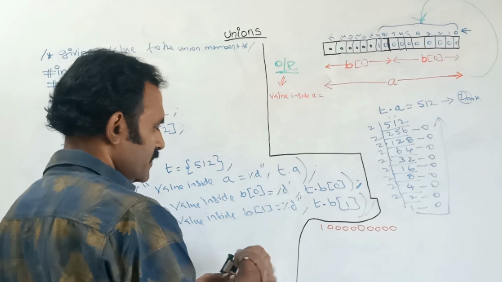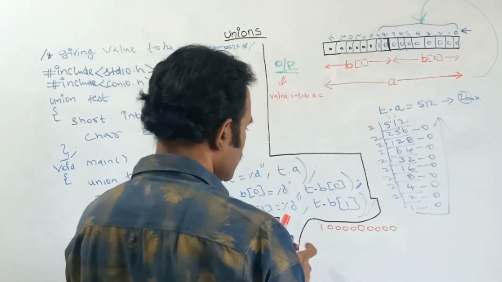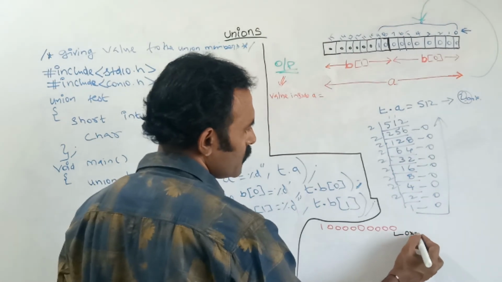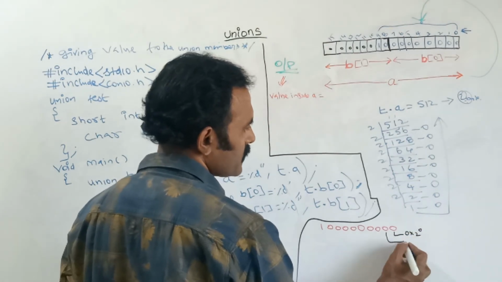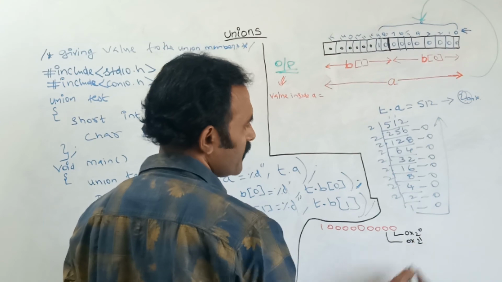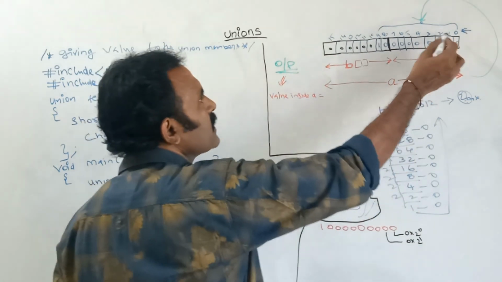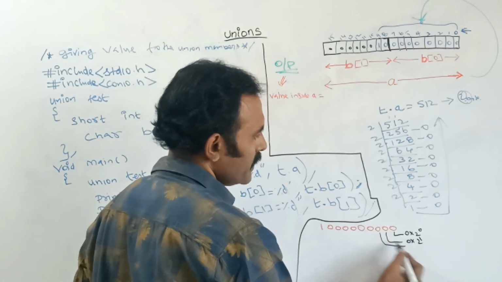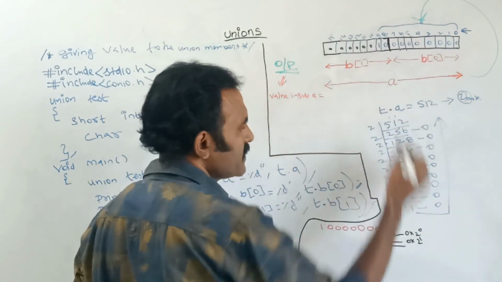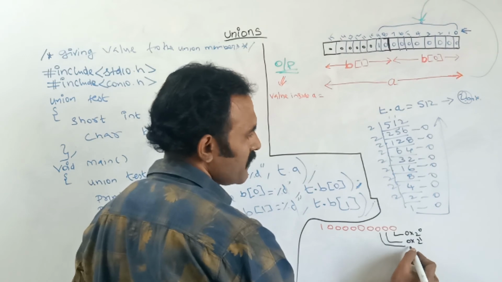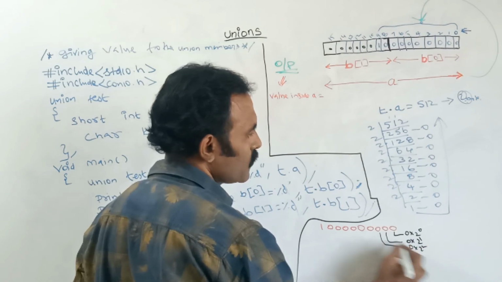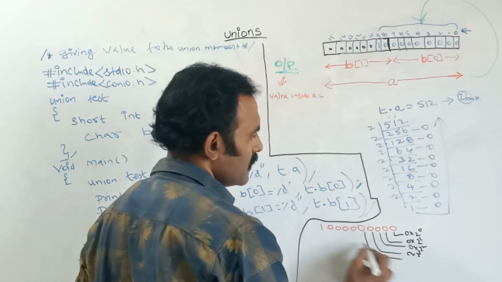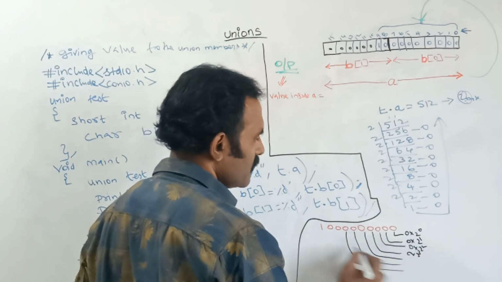Suppose you are converting it to decimal, then the value will be: first one, 0 into 2 to the power 0, second one, 0 into 2 to the power 1. The powers 0, 1 and so on are the weightage values. So for each and every bit, the corresponding weightage value we should give as the power. So 0 into 2 to the power 2, next 0 into 2 to the power 3, etc., up to here.